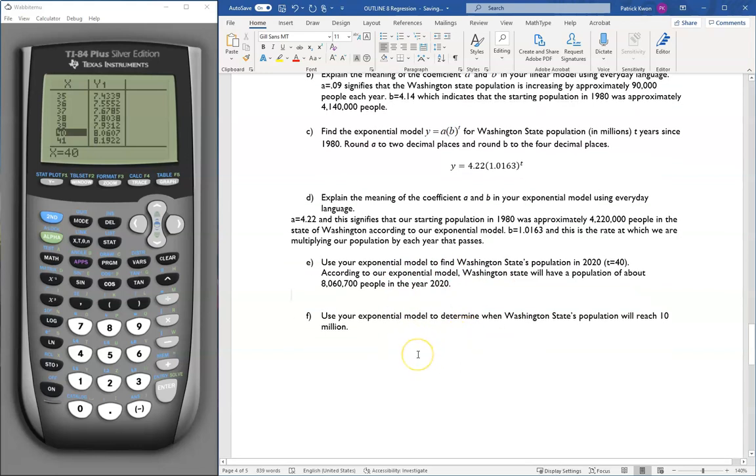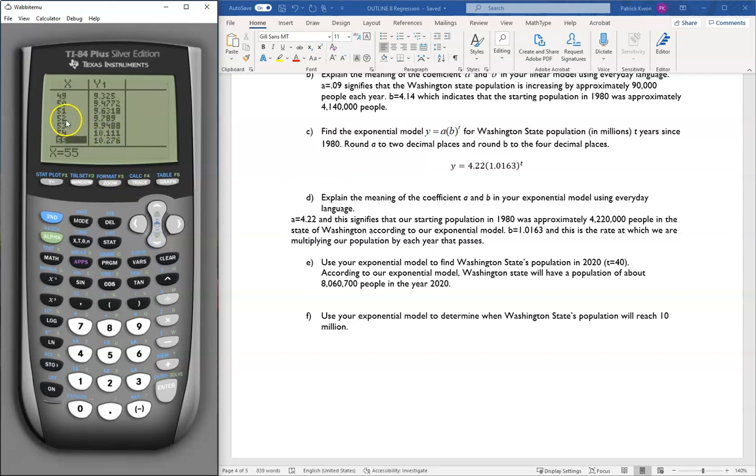And part F says use your exponential model to determine when Washington State's population will reach 10 million. Again, we can scroll down on our table and kind of just search for when we're going to hit 10 on our output column.